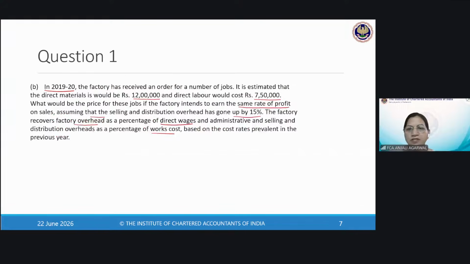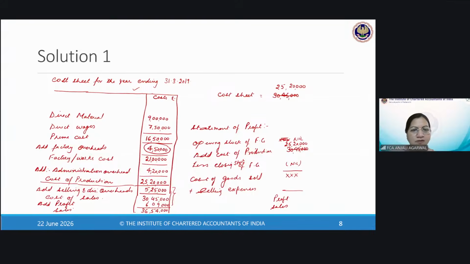Then administration and selling and distribution overheads are as a percentage of works cost. How much is the works cost here? 21 lakh. Administration overheads, 4,20,000.